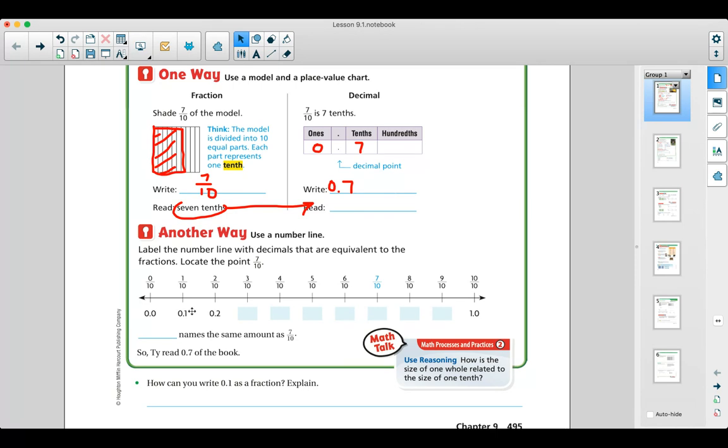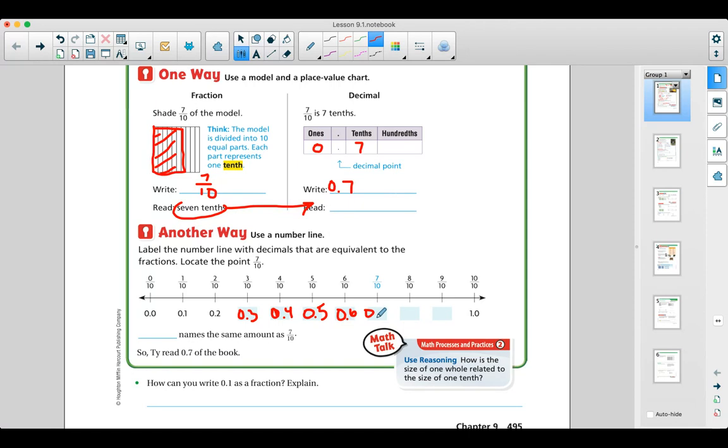The 1 is in the tenths place. 2/10 is written as 0.2. 3/10 is written as 0.3. 4/10 is written as 0.4. 5/10 is written as 0.5. There's no whole number. There's just a fraction here.